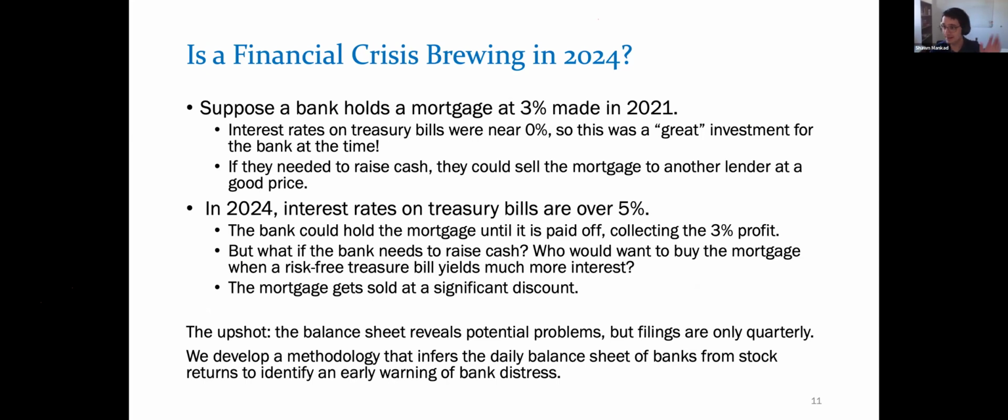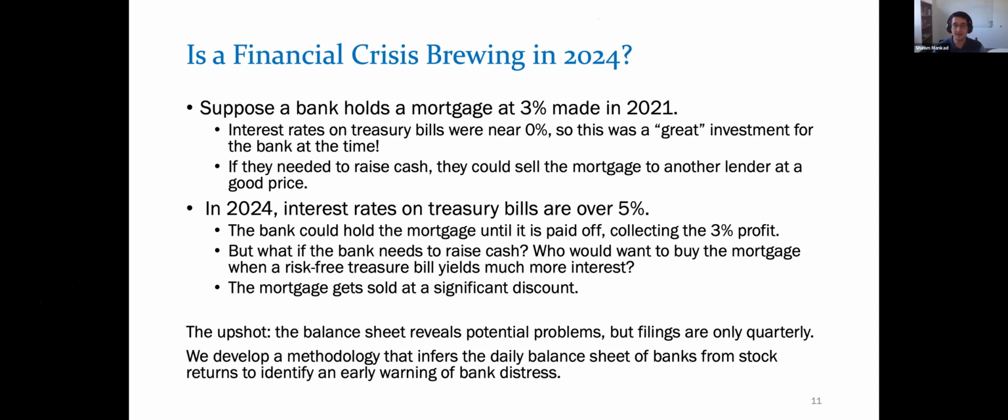So let's say it's 2021. You bought a home, you got a 30-year mortgage from a bank, and the bank gave you an interest rate of about 3%, which actually is quite reasonable because the official interest rate that the Fed is trying to manage was near 0%, right?